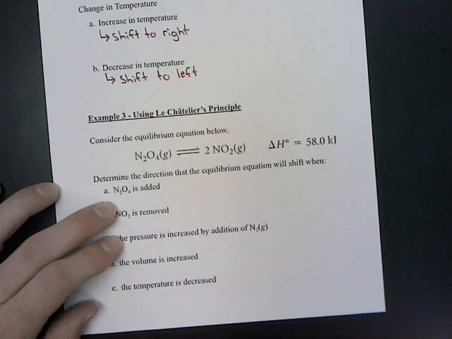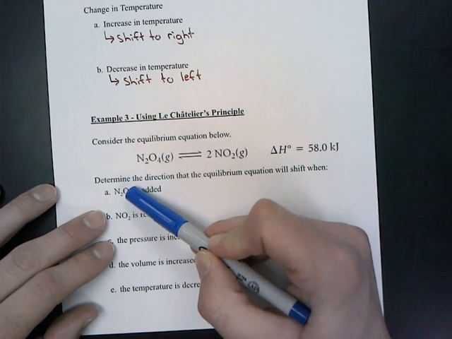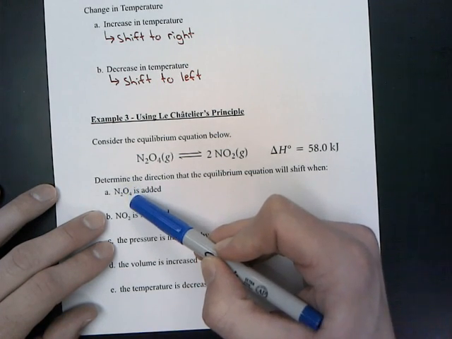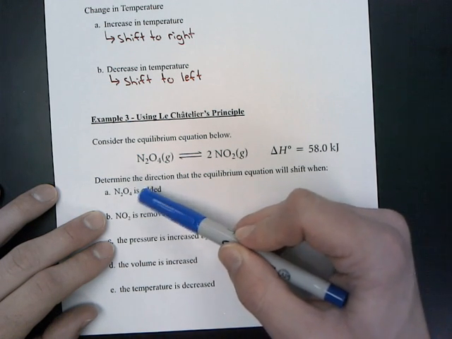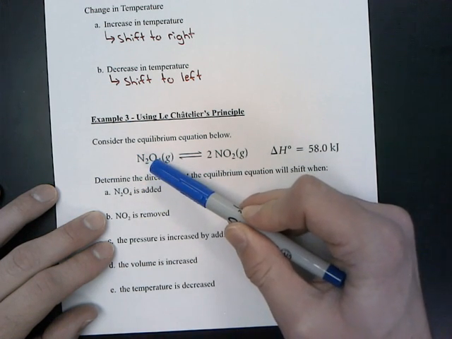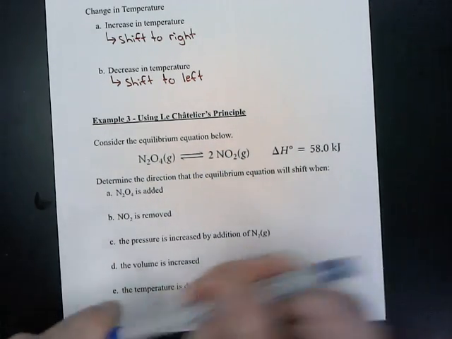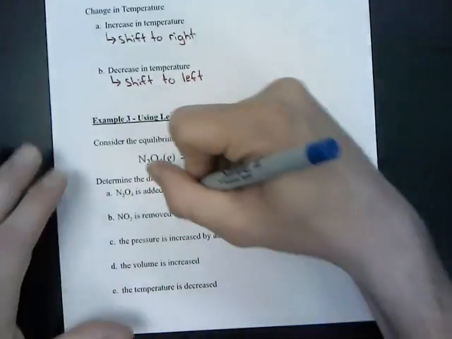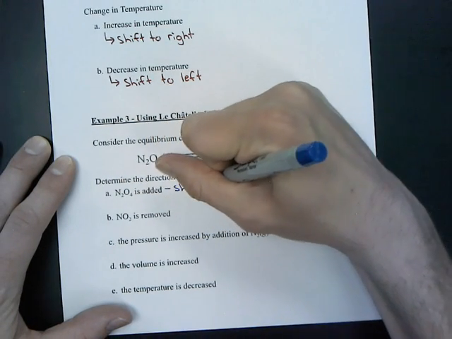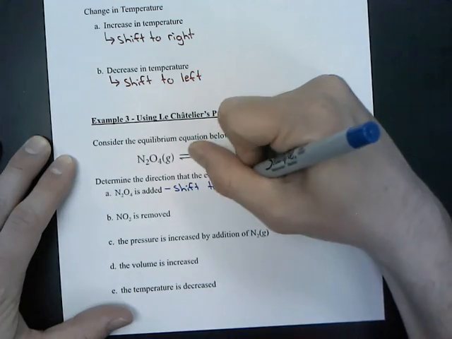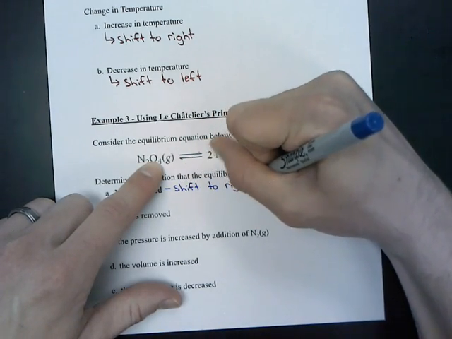So the first thing that we start out with is adding N2O4. Now here, the equilibrium shifts to the opposite side in which it was added. So because N2O4 is on the left, this will cause the equilibrium to shift to the left. I'm sorry, it's on the left, so it will shift to the right.